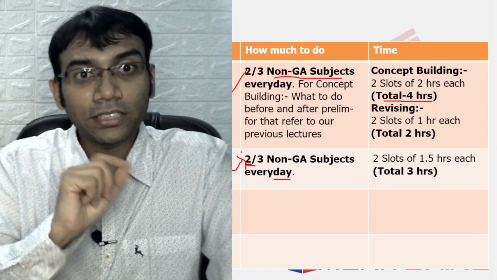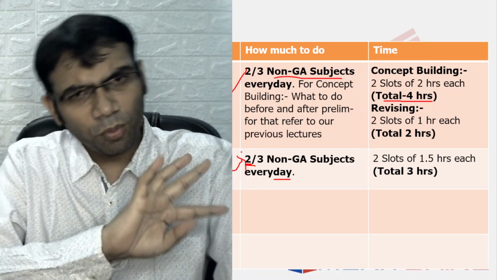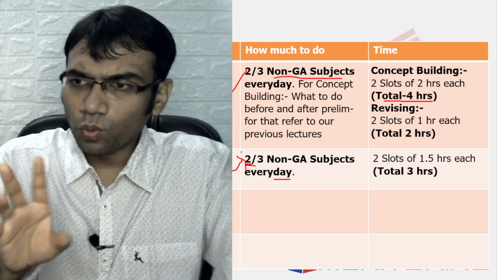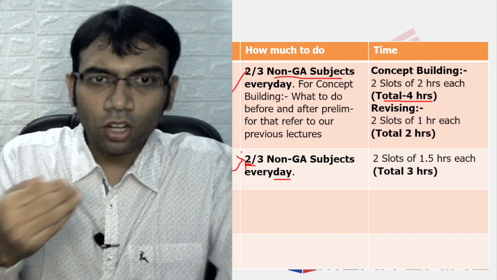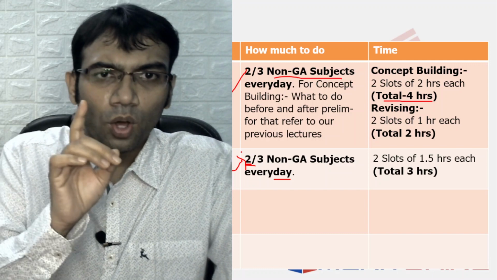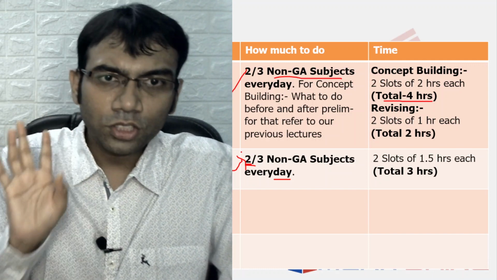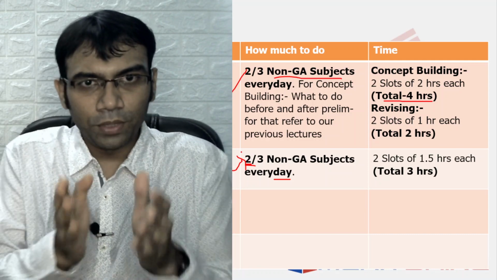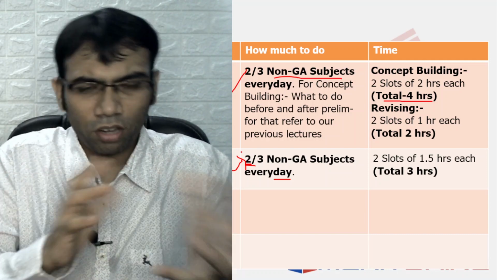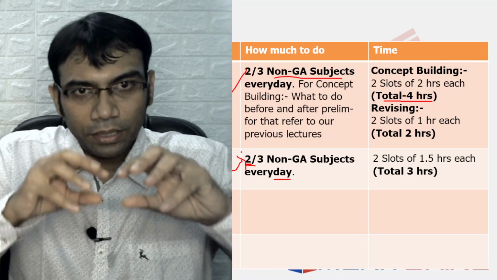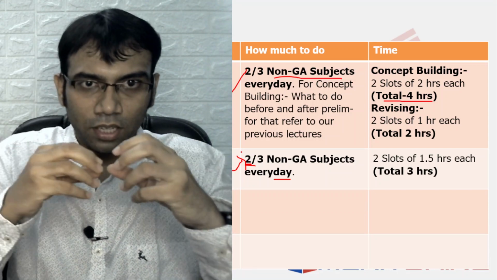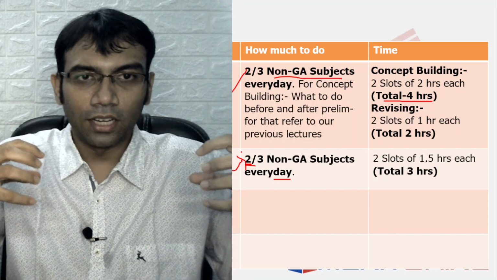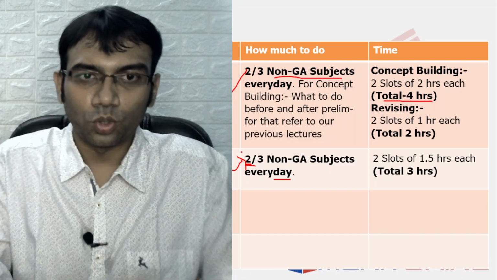And how much time would this take, for both those who are revising as well as those who are doing concepts? Not more than 2 into 1.5 hour slots each. That means 3 hours of time divided equally, or a little bit here and there, between 2 topics. Concept, 2 practice topics, or 2 sectional sections is what you should be doing.